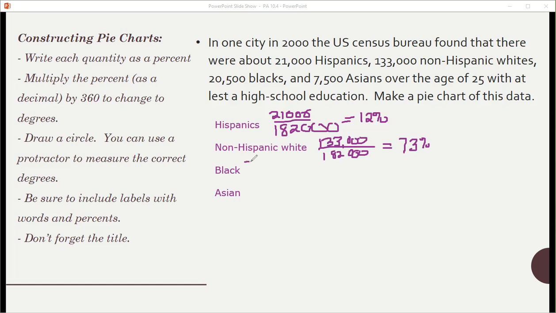For the third one, I have 20,500 over 182,000, which would give me 0.11 or 11%. And for the last one, I have 7,500 over 182,000, which would give me 0.04 or 4%.